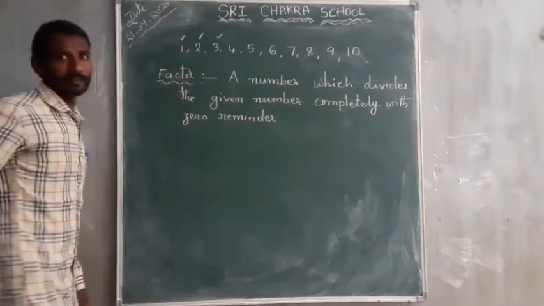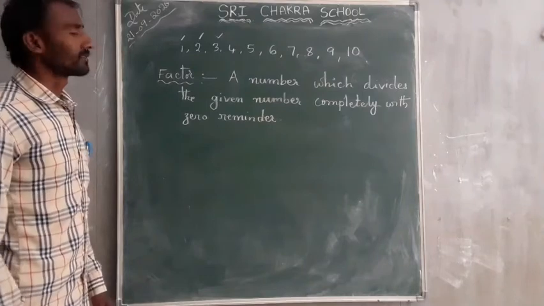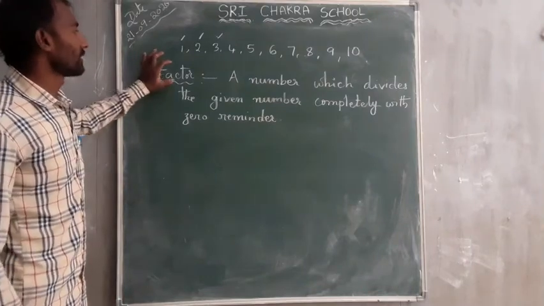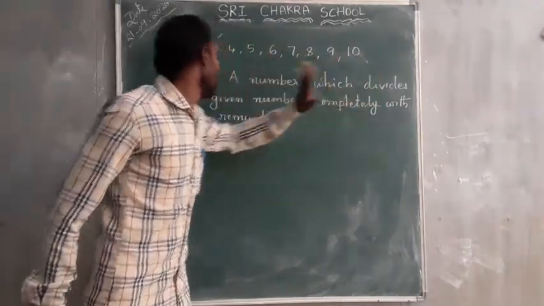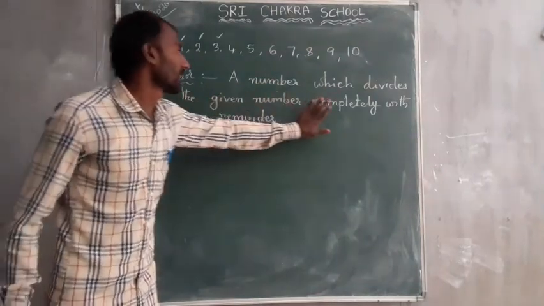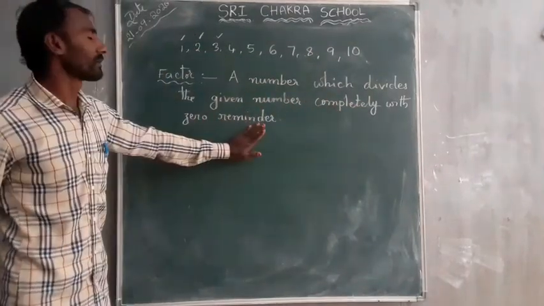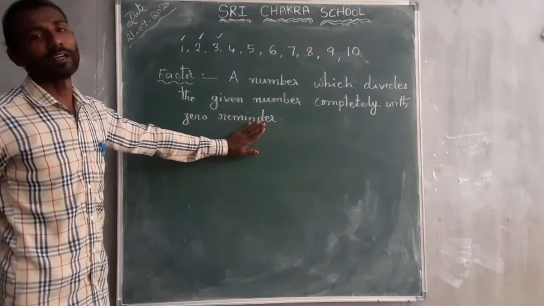So students, once again listen. What is meant by factor here? A number which divides the given number completely with the zero remainder.